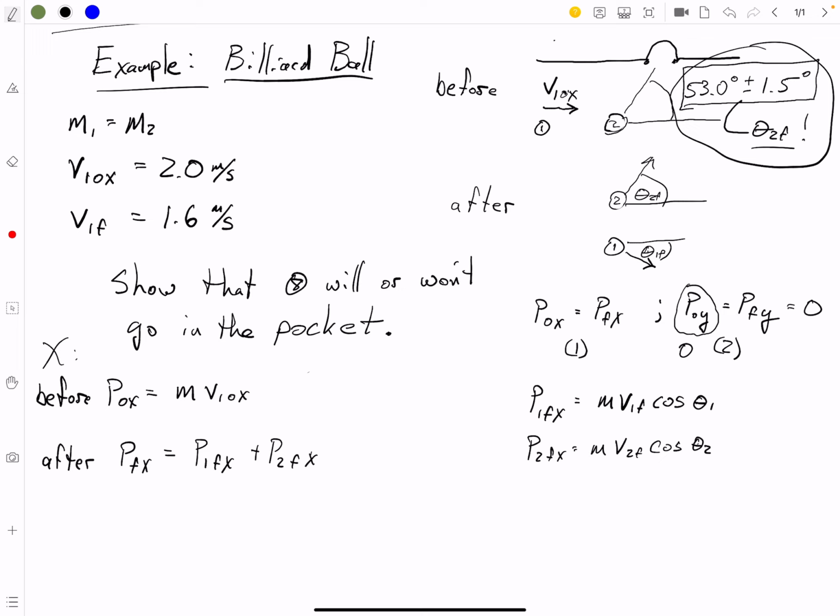And we can say then that initially we've got m, so this is our real equation. This is the one we're really going to want to work with. V1 naught x. And we know both of these things. Well, we don't know the masses, but we don't care because watch.